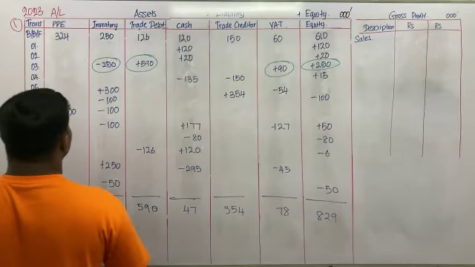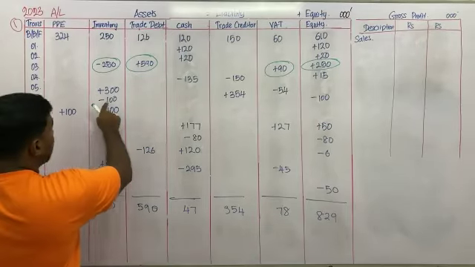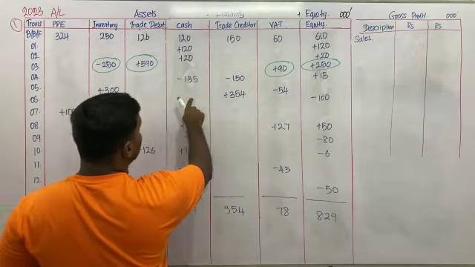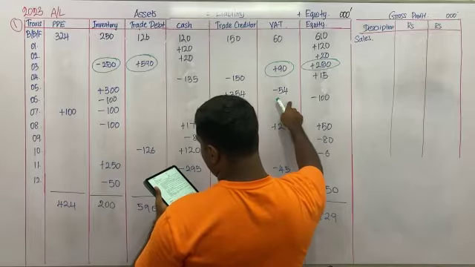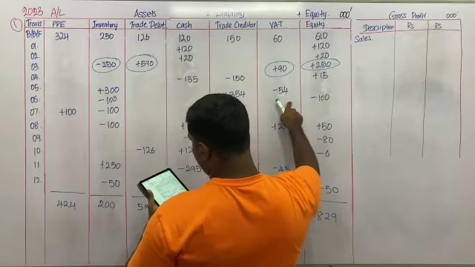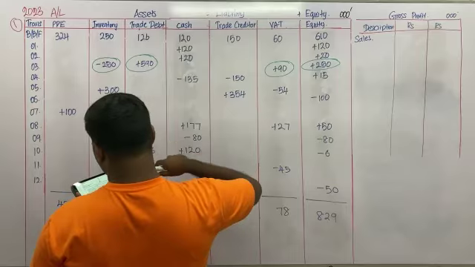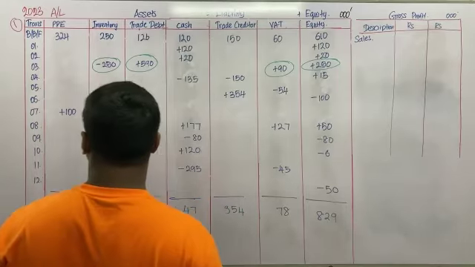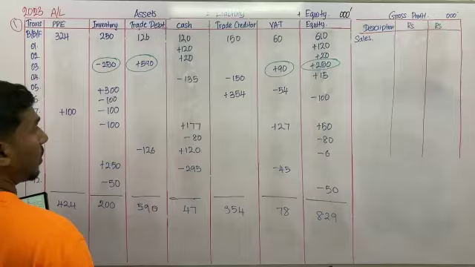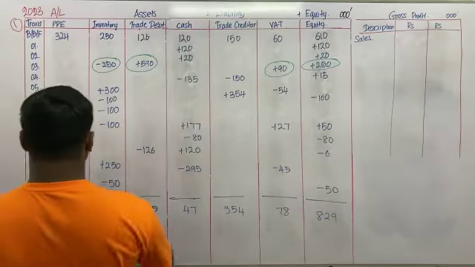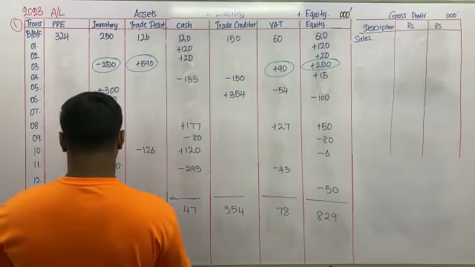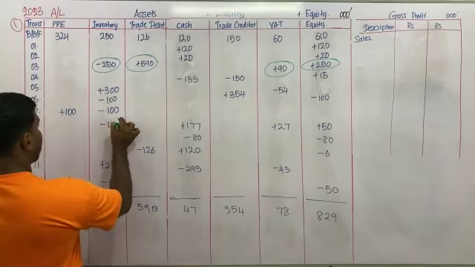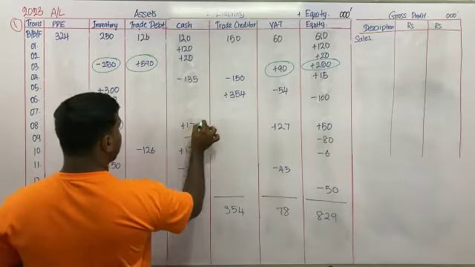After that, let's look at the inventory values, minuses. Transaction number 8. Yes. It is a sales transaction.